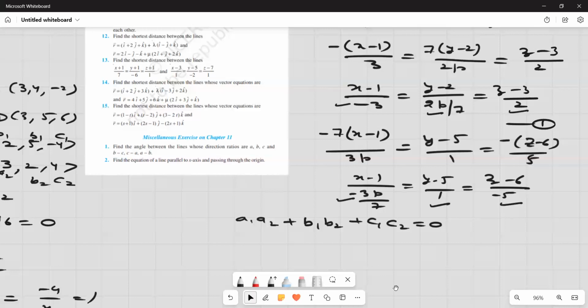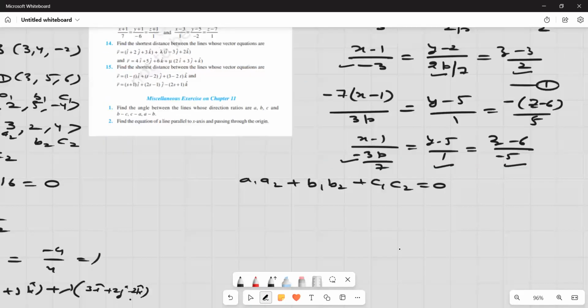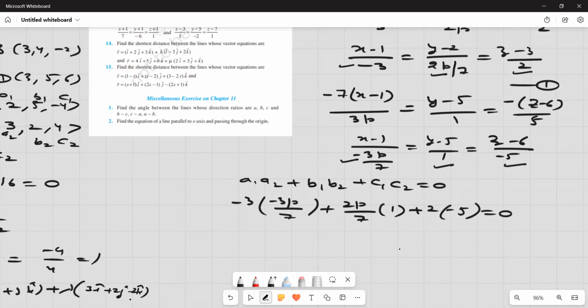So, let us do that. Minus 3 into minus 3p by 7 plus 2p by 7 into 1 plus 2 into minus 5. That should be equal to 0. So find out 9p by 7 plus 2p by 7 minus 10 is equal to 0.